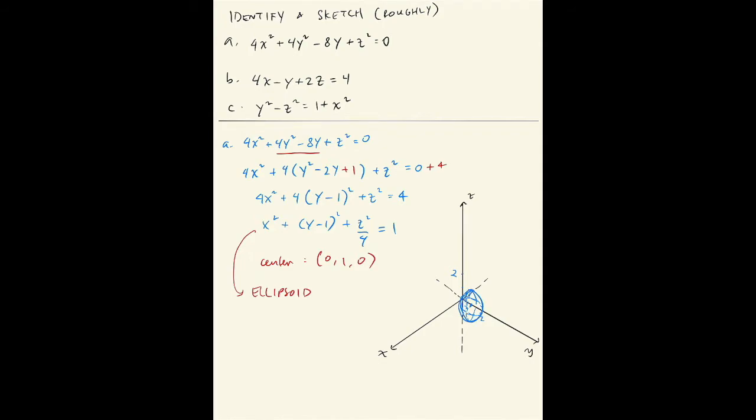It's from 4, Z over 4, C squared. Yes, 2.